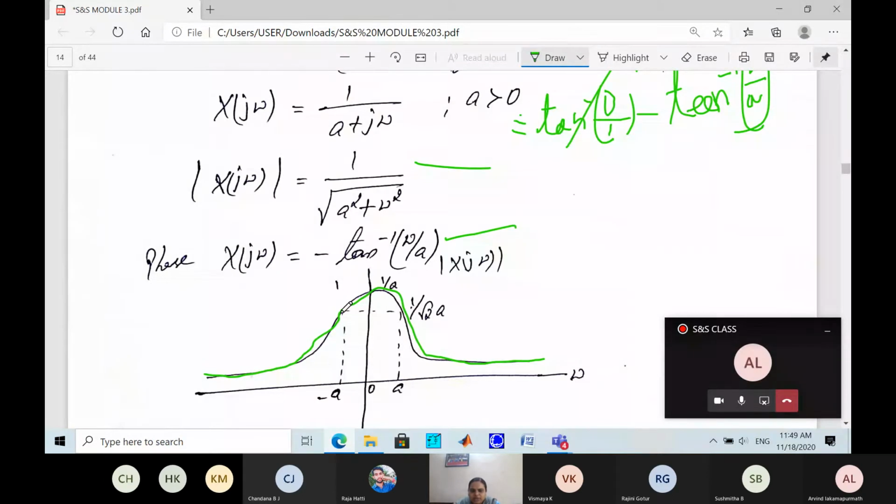So it will be the same, and you have to decide that it will come as the same value at both. Then when I substitute omega as 0, it is 1 divided by square root of a square, which is nothing but 1 divided by a, the maximum value I will get.